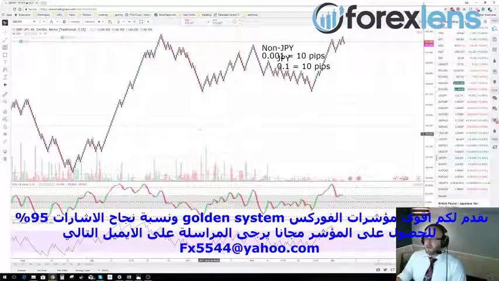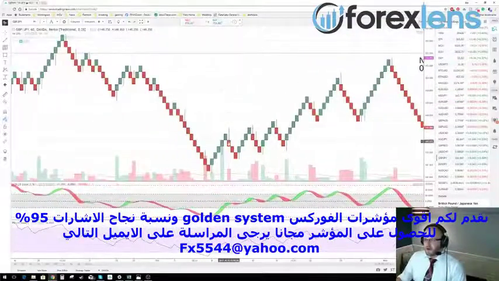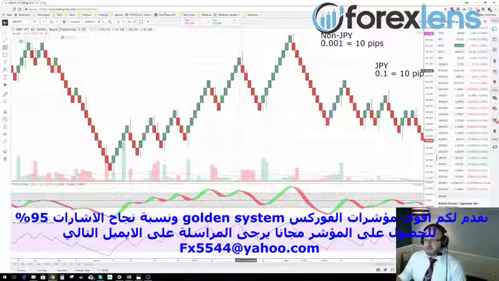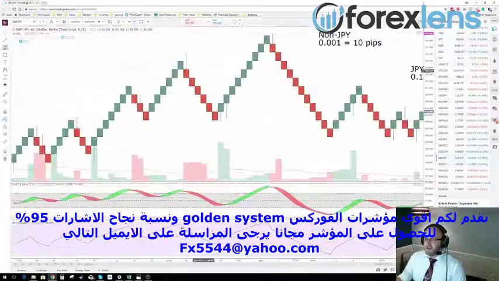Another thing to look for is wicks. Wicks are powerful indicators that price has the highest probability of reversing, especially if it's a reverse brick. We have 25, 50, 75, 100, 125, 150 pips up here. Now, you have to think about how these bricks form.